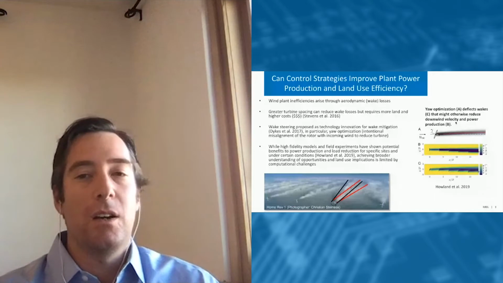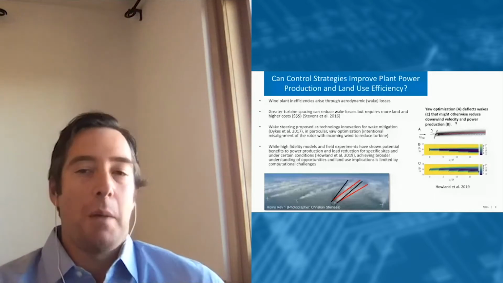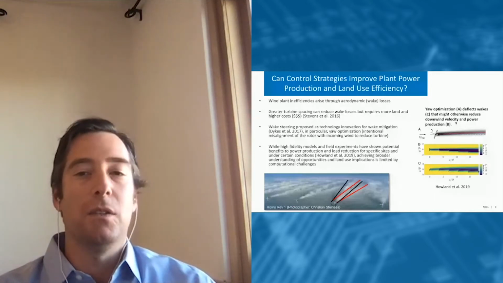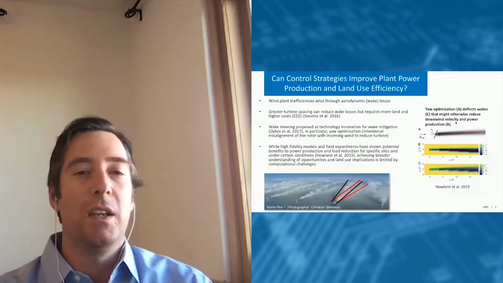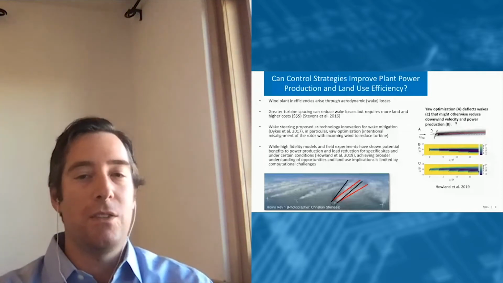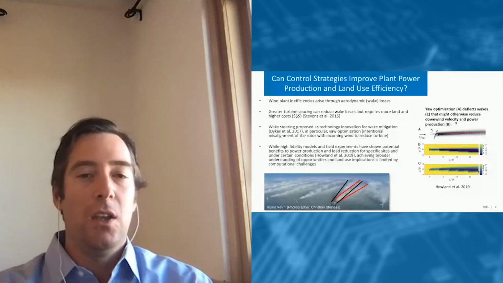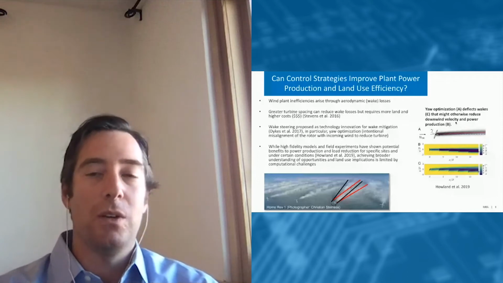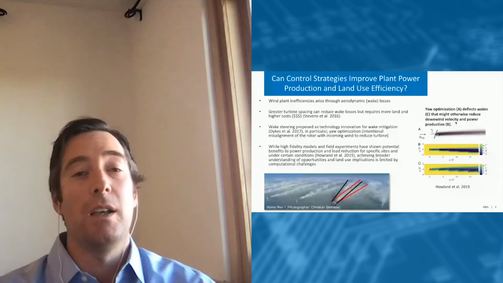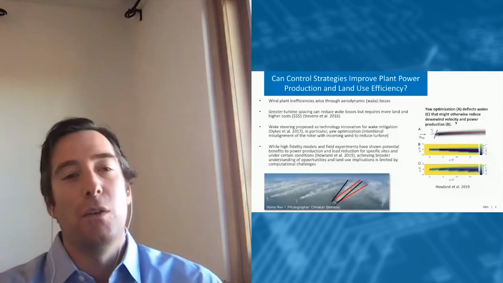Wake steering involves the use of yaw optimization, which at a very high level, if you think about a turbine that's facing the wind, if you rotate the rotor of that turbine, you can actually control which way the downwind wake goes. And you can adjust those in order to optimize for the production of a wind plant.